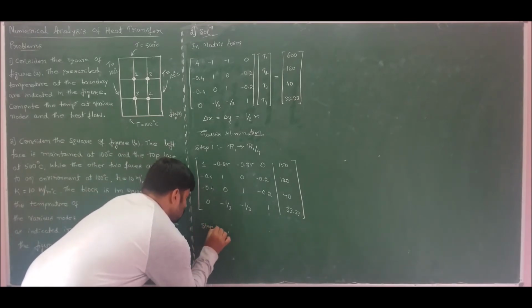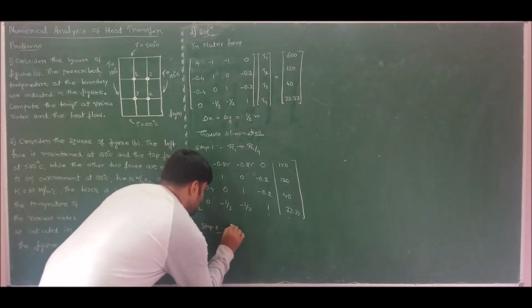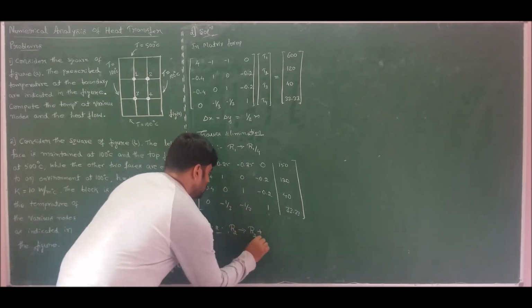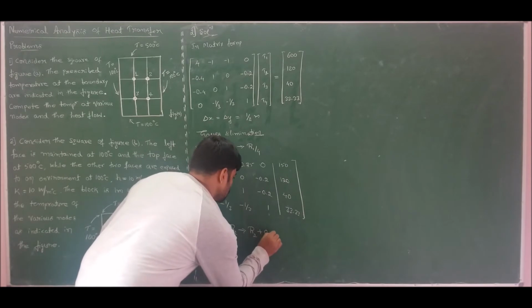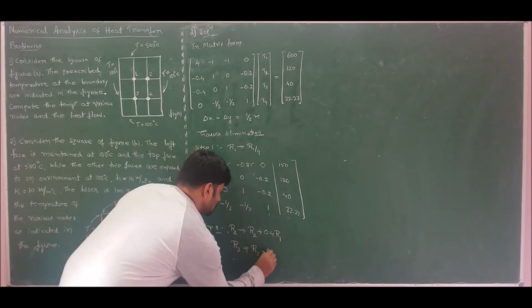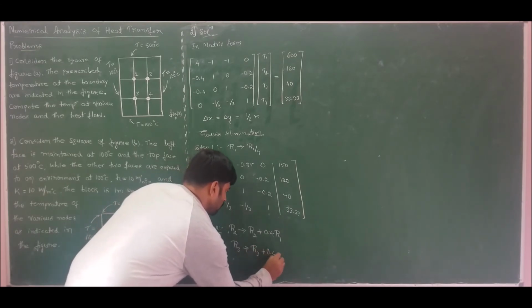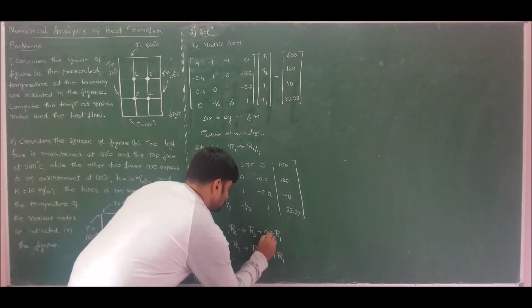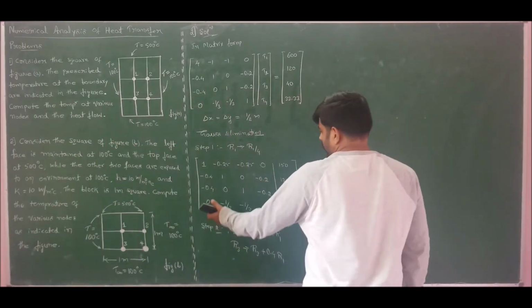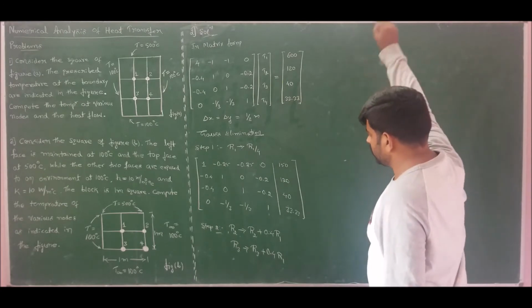Now in step 2 I should make these two terms 0. So therefore in step 2 I will write R2 as R2 plus 0.4 R1 and R3 as R3 plus 0.4 R1. Whereas in R4 we already have 0, no need to worry.